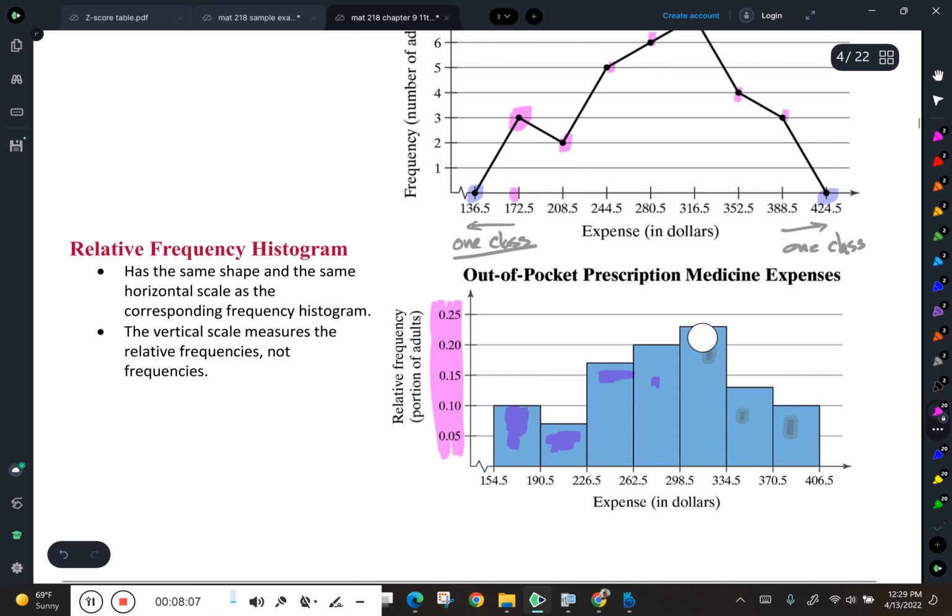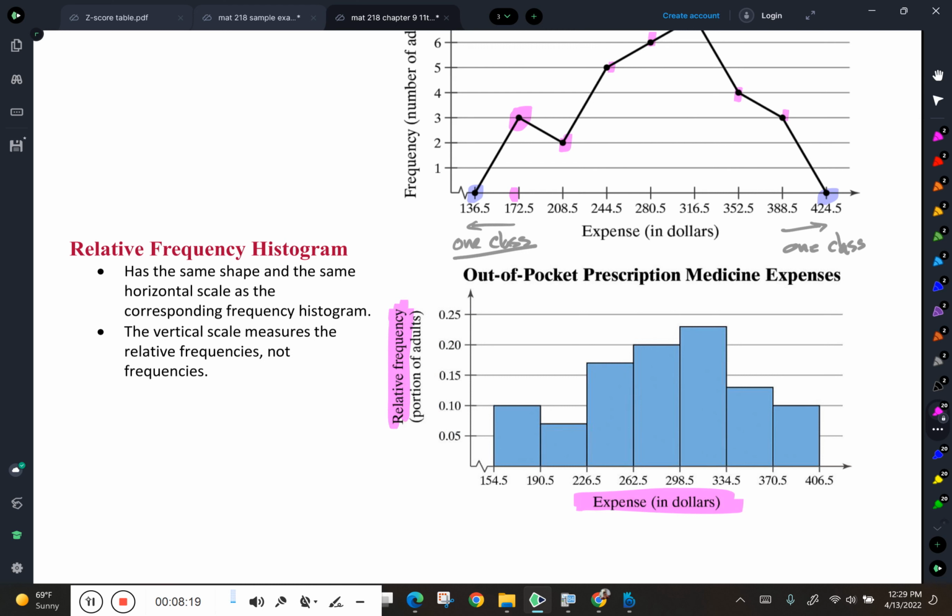So if the story that you want to tell is you want to show the classes down here and their relative frequencies, you can do it that way too. It's just a different way to display the data. Now, if you're wondering about these numbers right here, those numbers right there are called the class boundaries.